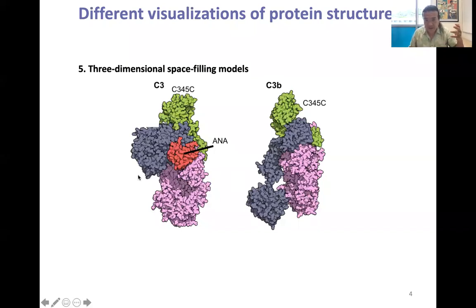Right? So this is the inactive C3. This red part is the ANA or the C3a part. Once that gets cut off and floats away and you're left with C3b, you can see it all shifts around. And then this is where the thioester bond is now available to interact.